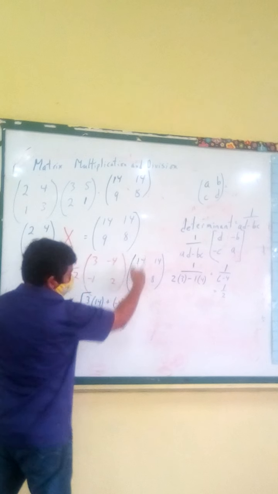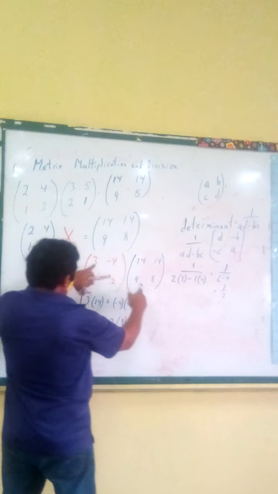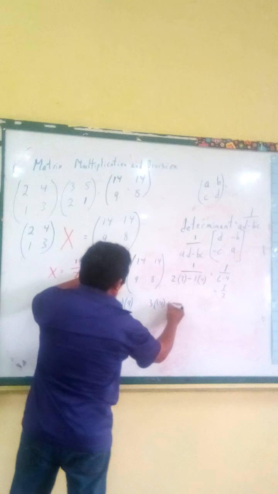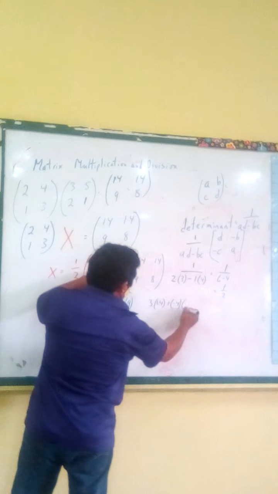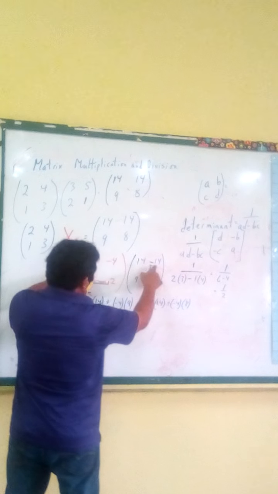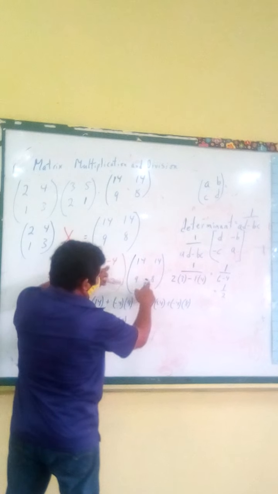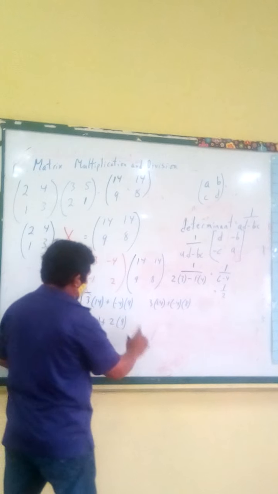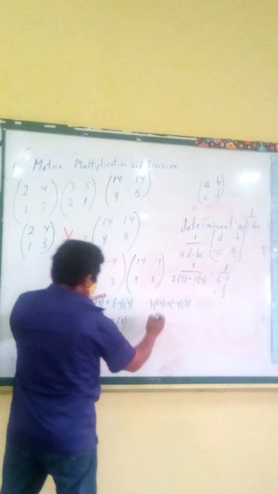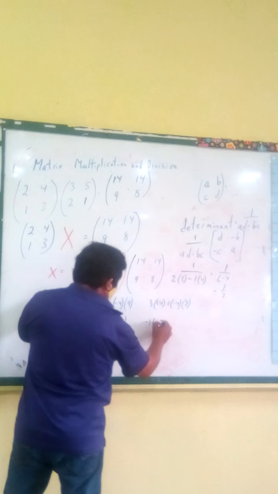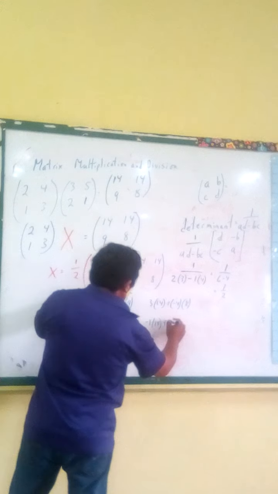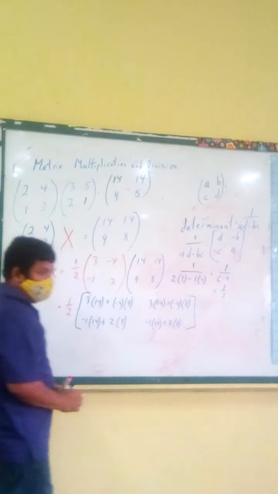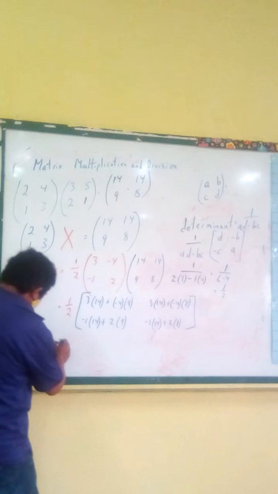Remember, it's row times column. Then we go to the next one: 3 times 14 plus negative 4 times 8. I could have taken the plus away here, but I prefer to leave it there. That's my last step: negative 1 times 14 plus 2 times 8. Close bracket.